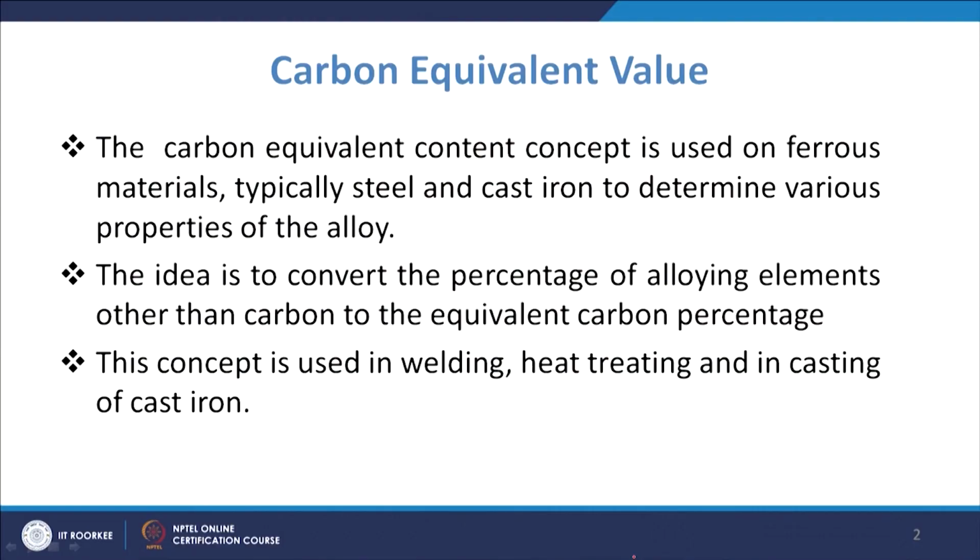Carbon equivalent value, or carbon equivalent content, is very much used on ferrous materials, typically steel and cast iron, to determine the various properties of the alloy. Normally, as we know, in the case of steel or cast iron you have carbon as one of the alloying elements, and apart from that, different alloying elements are added so that you can get the desired properties.